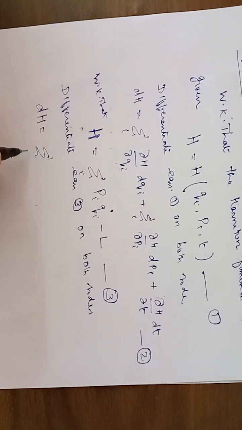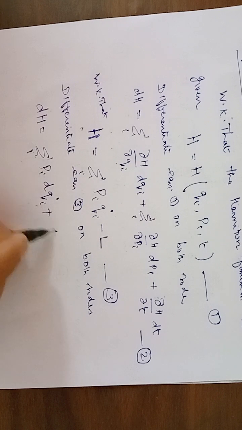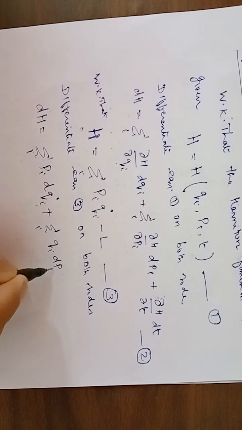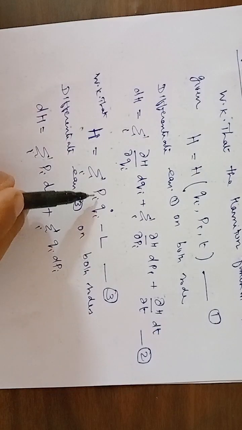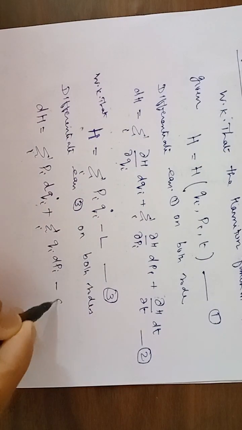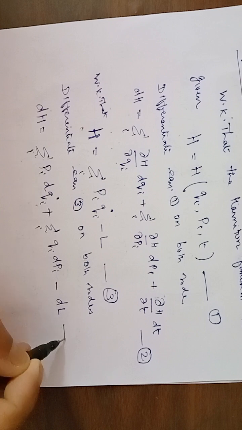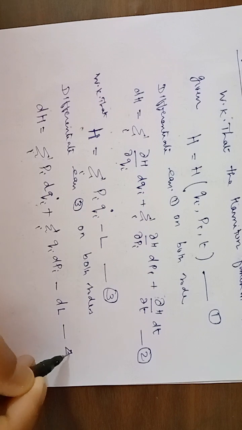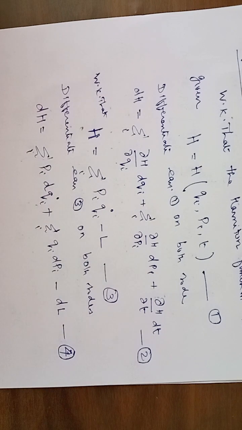Therefore summation over i of pi d(qi dot) plus summation over i of qi dot d(pi), minus dL, since L is differentiated. Make it equation number 4.